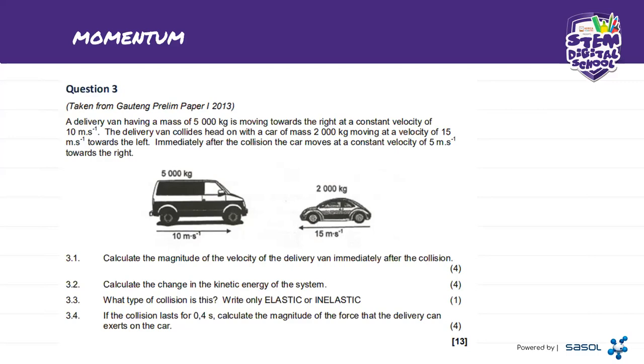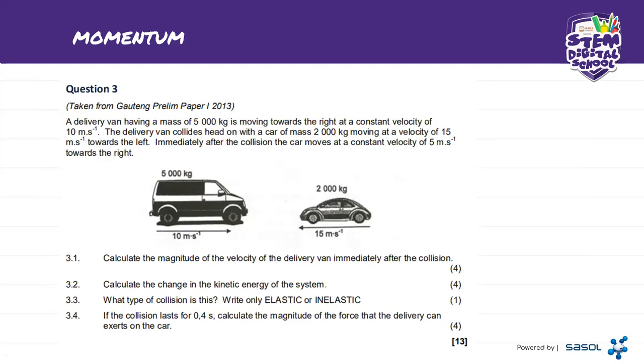Remember, after the collision, it always moves in the direction of the larger object. So you guys should also pay attention to that, okay? So immediately after the collision, the car moves at a constant velocity of 5 meters per second towards the right.